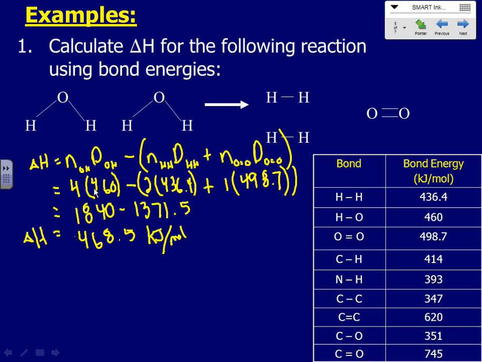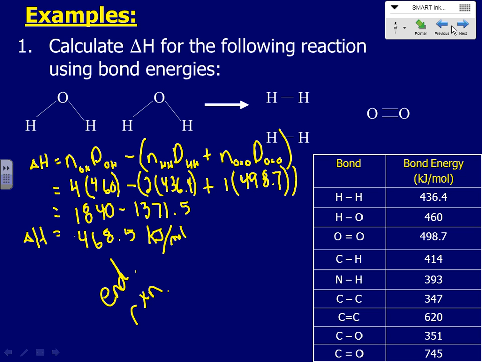So again, we summed up all of the energies for all of the bonds that were broken, and we subtracted off the sum of all of the energies for the bonds that were formed. In this case, I had more energy in than I got out, which means we have a positive delta H. This is an endothermic reaction. This is an endo reaction.